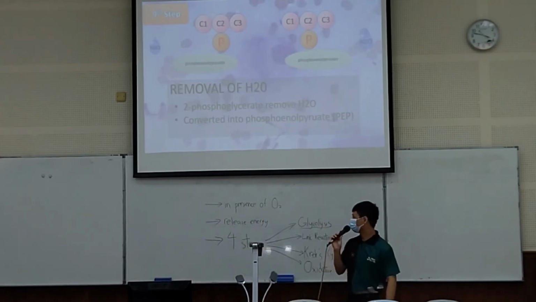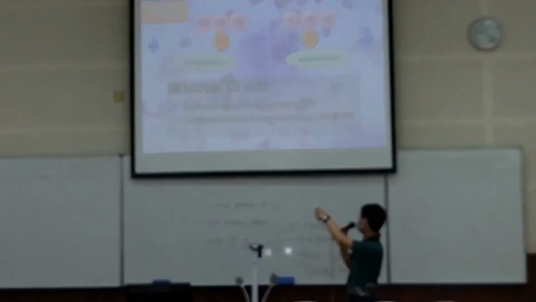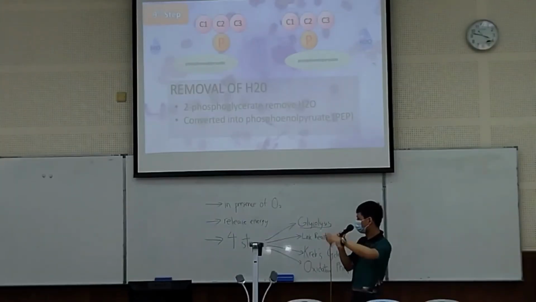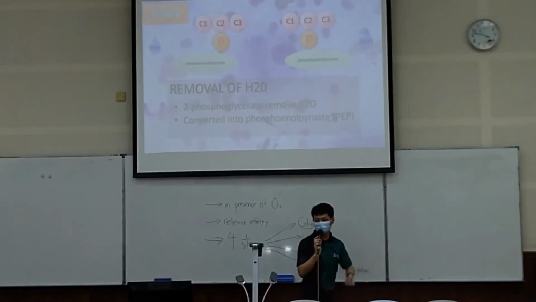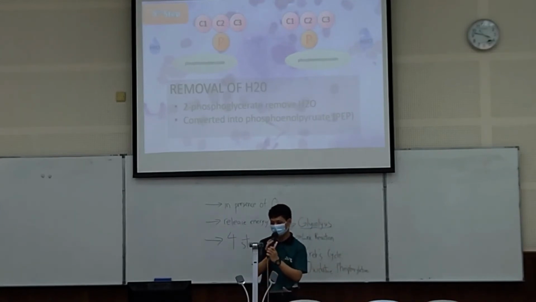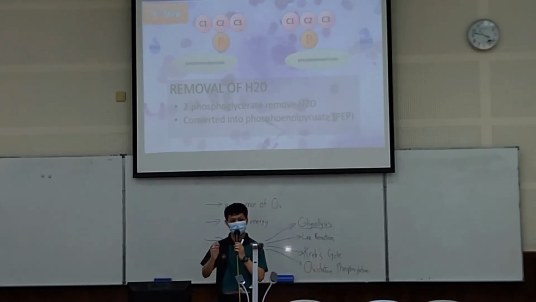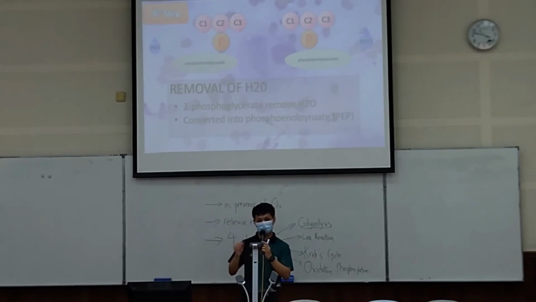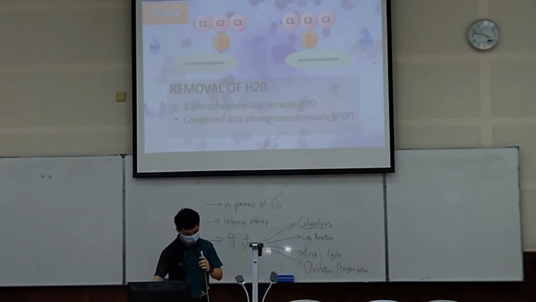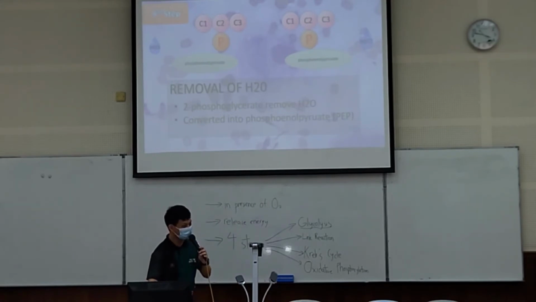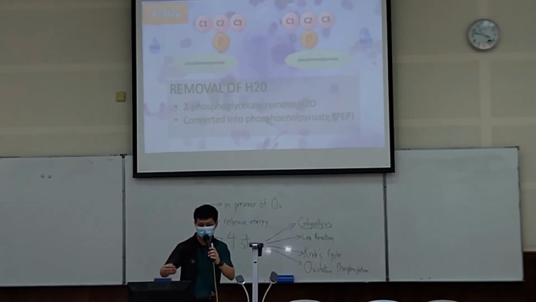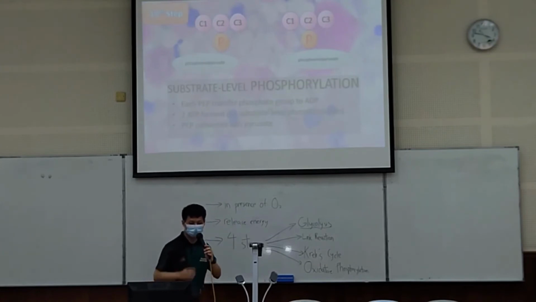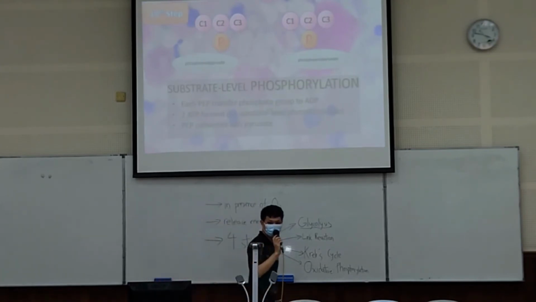You can see we have 2-phosphoenolpyruvate here at the end of this step. One thing to know is that phosphoenolpyruvate is very unstable. Why is it unstable? Because you want to promote the next step, known as substrate level phosphorylation.